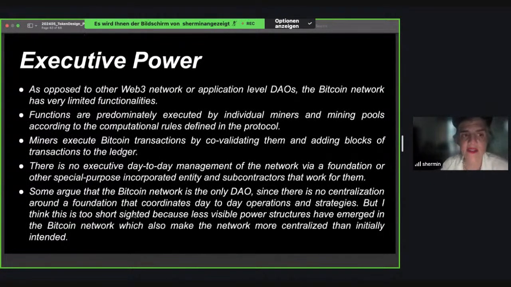On the level of executive power, as opposed to other Web3 networks, the Bitcoin network has very limited functions, which are predominantly executed by mining node operators. Even though we have many stakeholders in the system, only the mining node operators get to vote over protocol updates and get rewarded and have the actual executive power to create new blocks of transactions.